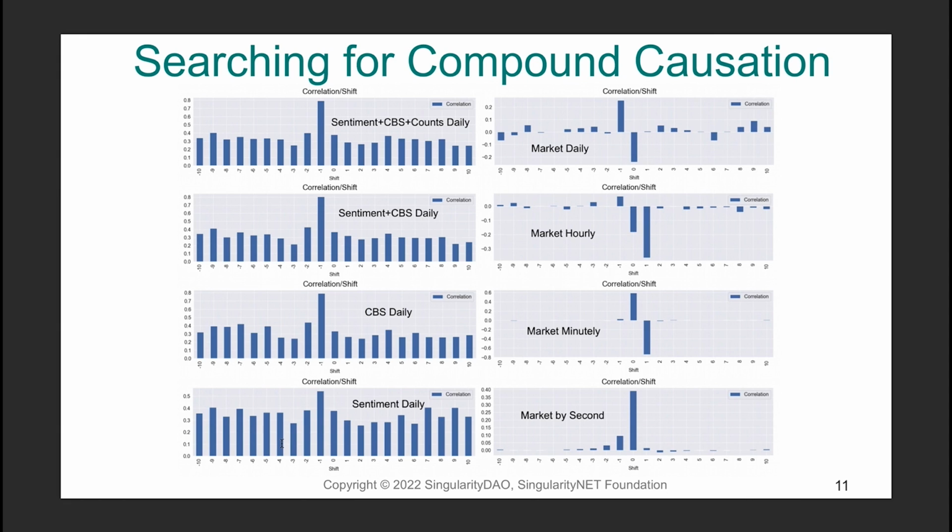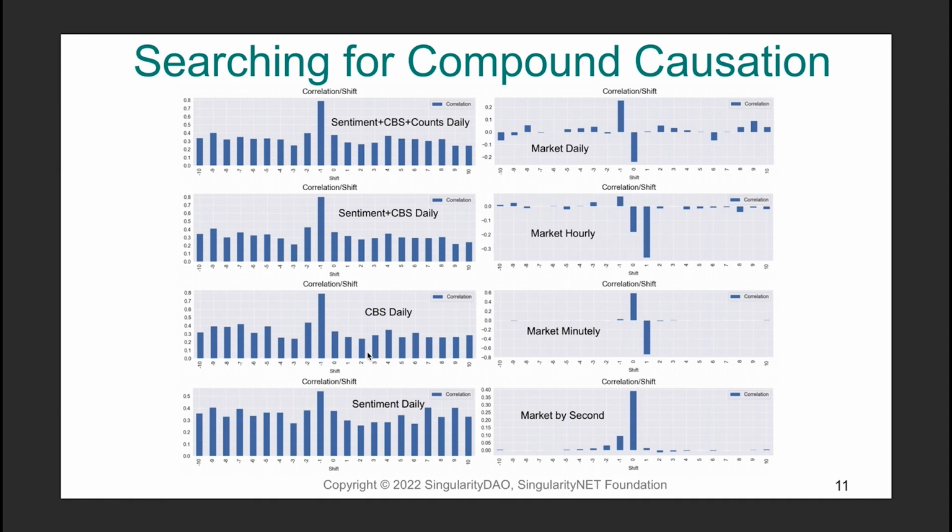On the left you see that we try to build a synthetic indicator with different time shifts from -10 to +10, and each bar corresponds to the highest correlation that we can achieve between the price and the synthetic indicator assembled from multiple news feeds, multiple metrics from multiple social media channels, with different sets of metrics.